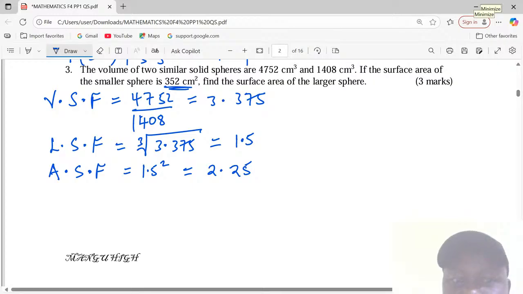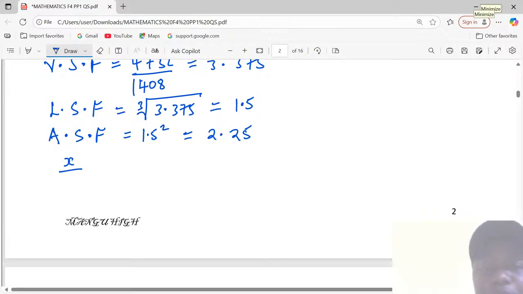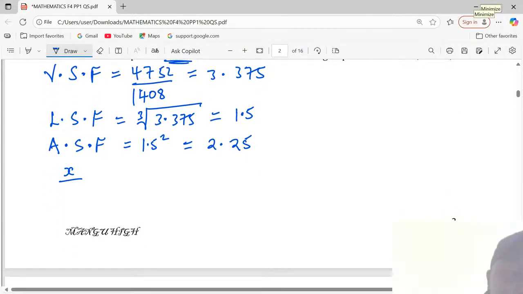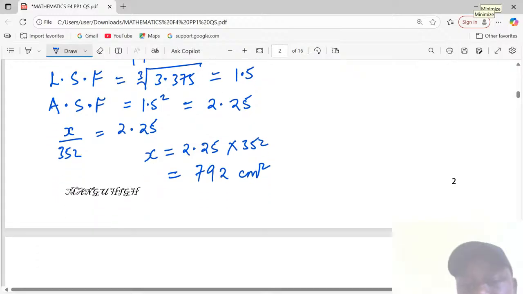So area of the larger divided by area of the smaller, and you know area of the smaller is given as 352. So x shall be 2.25 multiplied by 352. This gives me 792 square centimeters.